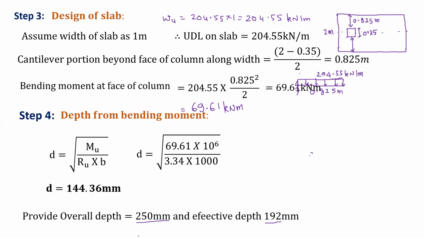Now, as our slab is in direct contact with soil, as in footing, we are going to provide 60 mm cover. So here we provide clear cover 60 mm, and assume phi, the diameter of bar, is 16, because in footing we require 16.